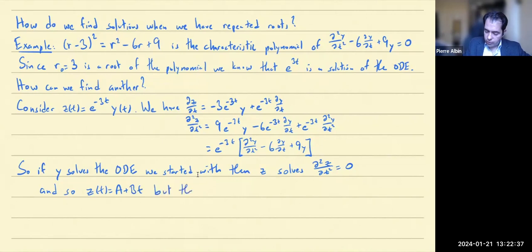Right? But as soon as you know z, then you know y, because you just multiply both sides of this equation by e to the 3t. So then y is e to the 3t times (a plus bt), right? And so we could write this as a times e to the 3t plus b times t e to the 3t.